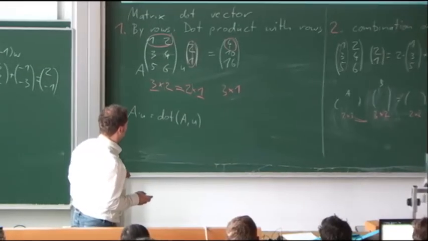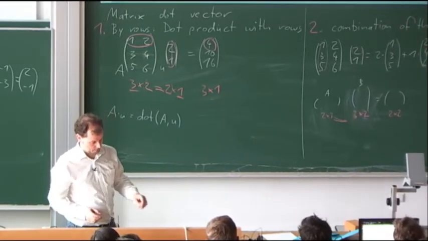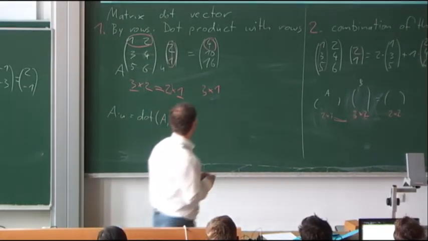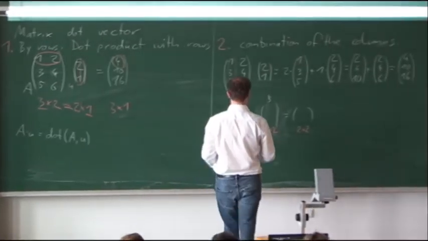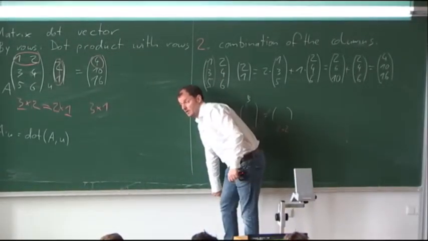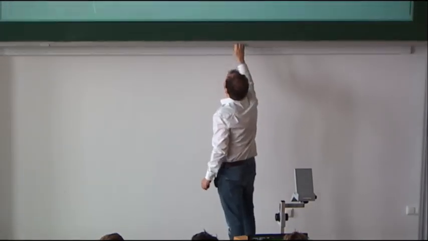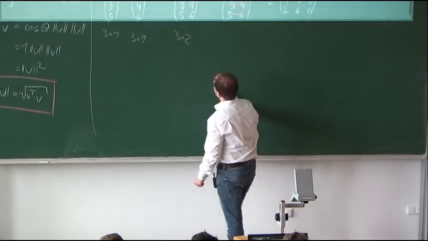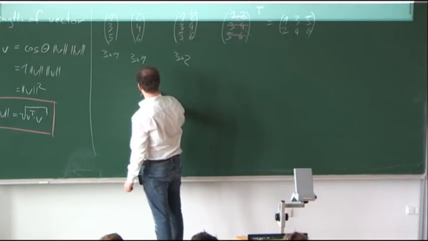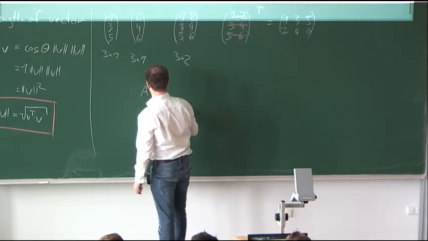One thing where you definitely have to be careful is what if I flip the order? What if I do it the other way around? So now we calculated A dot B transpose.